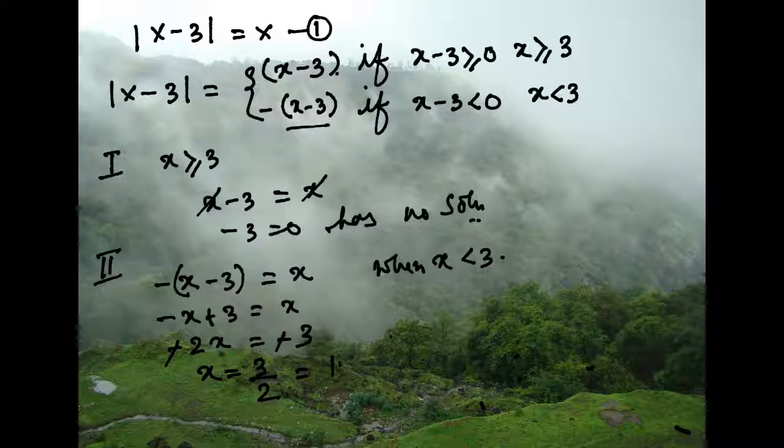It means 1.5. Now this solution actually satisfies this condition. So for this equation 1, we have one solution, that is x equals 3 by 2, considering x less than 3.